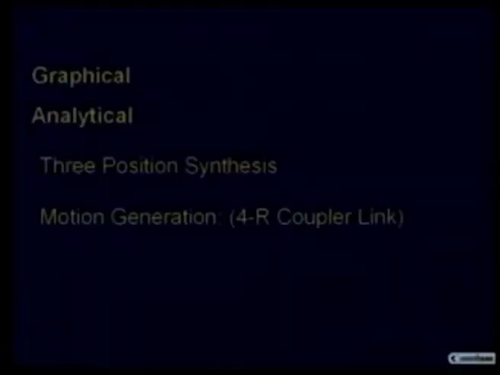We have also seen that these 3 positions are chosen according to the Chebyshev spacing in a given range, which ensures the error between these accuracy points will not be too much. So, the motion generation we have explained with respect to a 4R coupler link, and we have also explained the path generation.